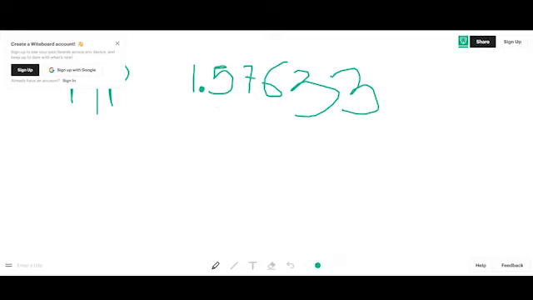So this is the first, this is the second, this is the third, and this is the fourth. So this number 3, that is where you calculate your pip from.